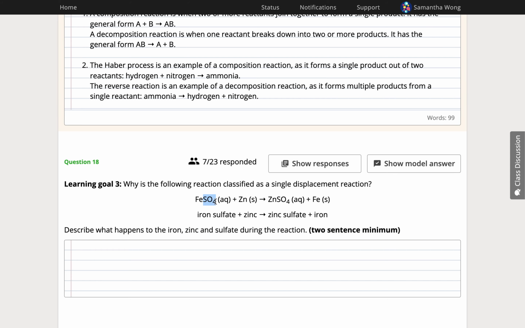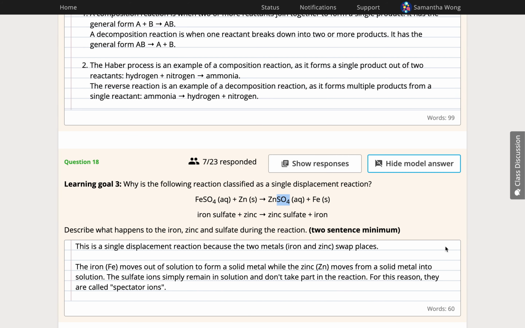Whereas the sulfate, what is happening to the sulfate on the left and the sulfate on the right? Nothing. The sulfate in this case is doing absolutely nothing. So if you remember the word for the ions that don't react, it's what we call our spectator ions. As such, a model response could be as such.